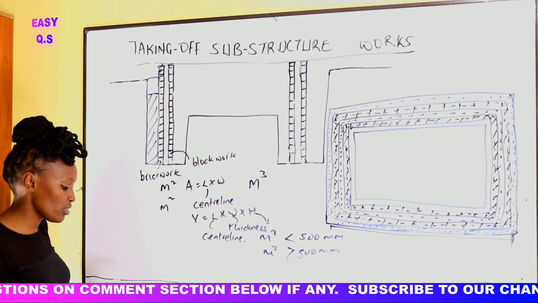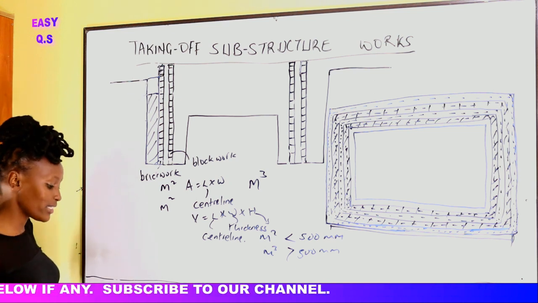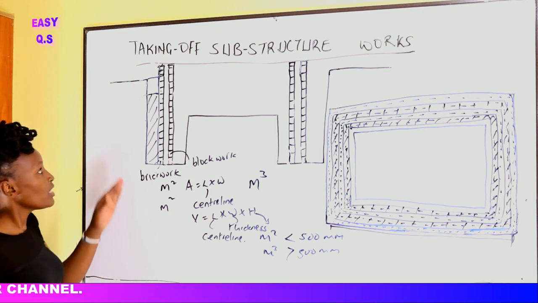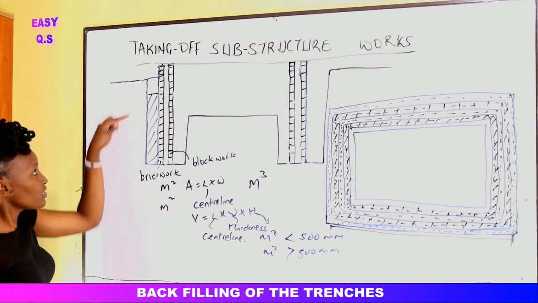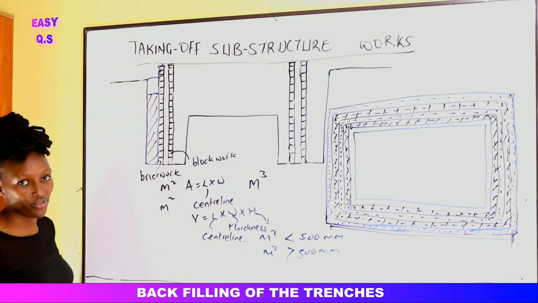So in this case, we shall measure it, stating that we are backfilling the external faces with previously excavated topsoil. This soil, from here to here, we have to use the good soil. But this soil, in case we do not have soil, we can use the topsoil that we had removed.